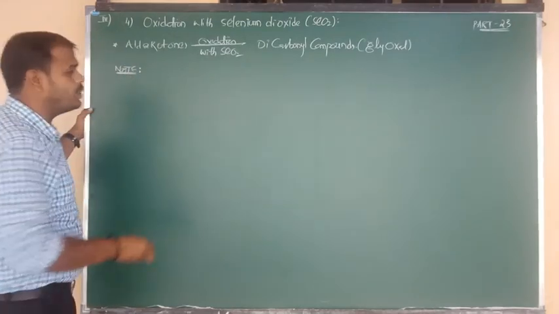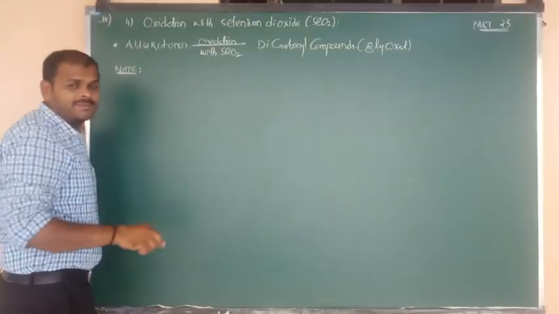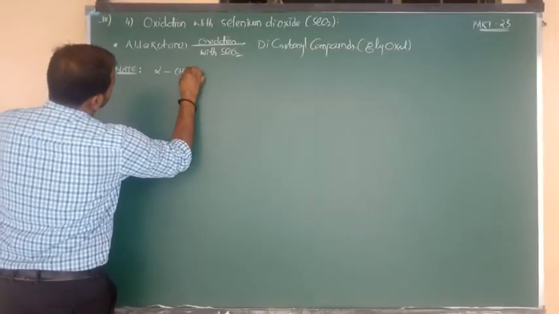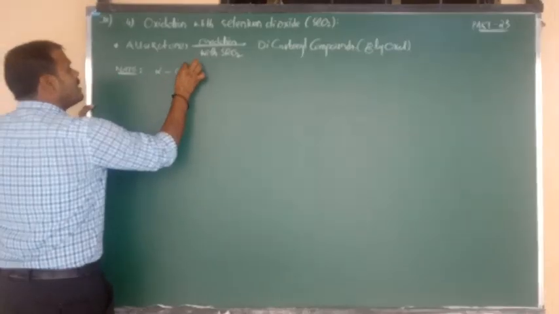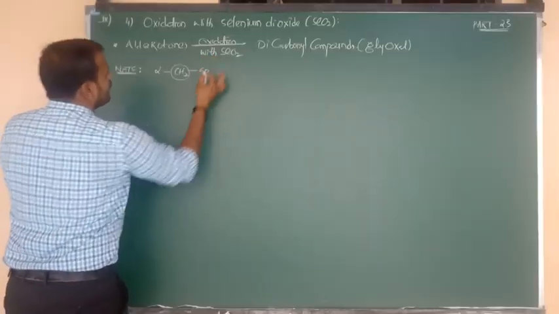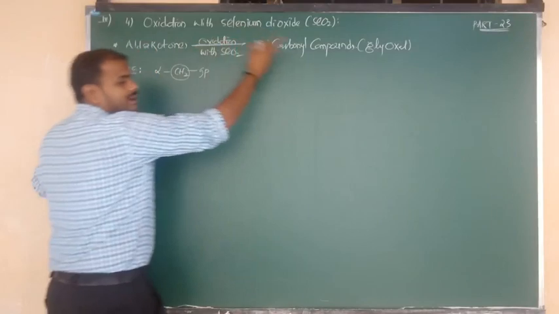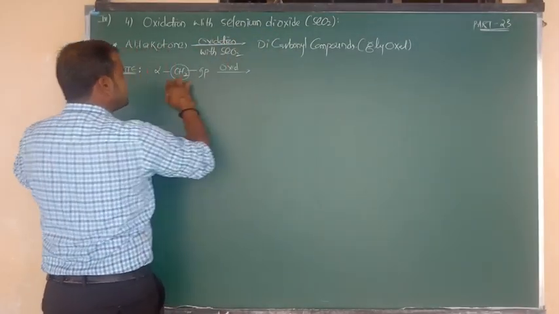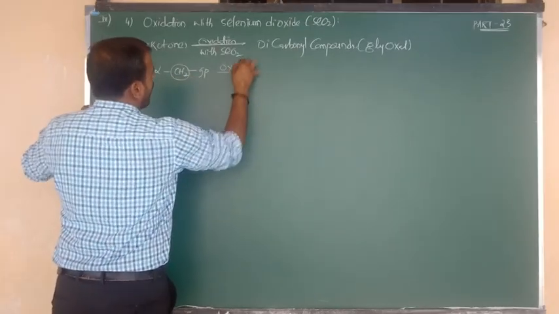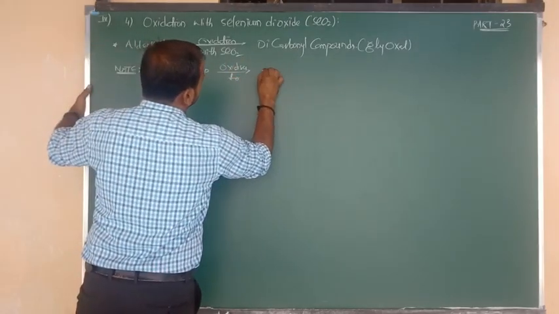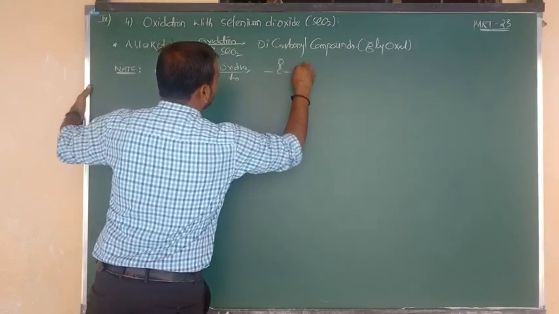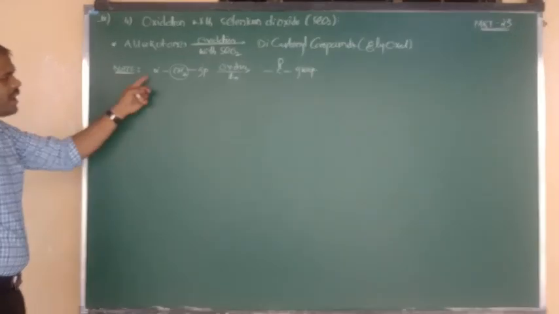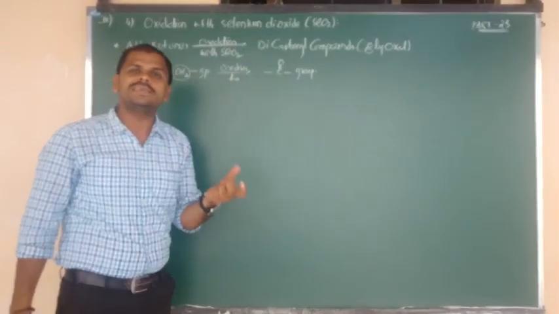In this oxidation with selenium dioxide, the alpha CH2 group of aldehydes and ketones oxidizes to a C double bond O group.